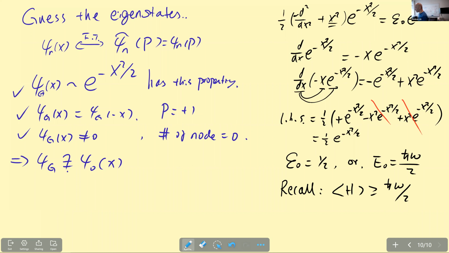You cannot have a state with energy lower than this one. So we have checked this one. It's correct. I'm very happy. With very little effort, we have squeezed the ground state out of the equation. We don't need to solve the differential equation. We just guess and then verify the equation. And we continue this process.